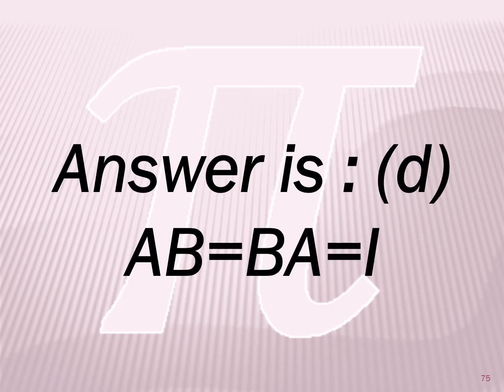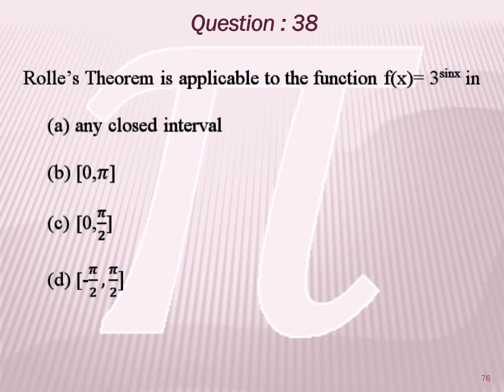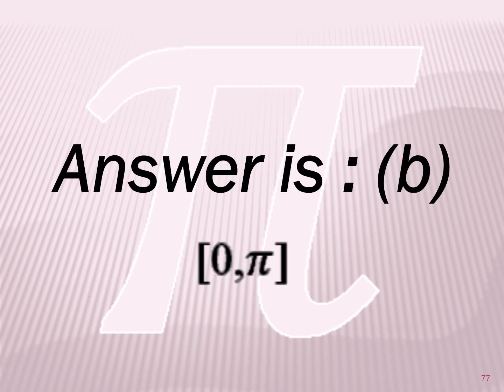This question is option D, that is AB is equal to BA is equal to identity matrix. And the next question, this question is option B, that is the closed interval from 0 to pi.